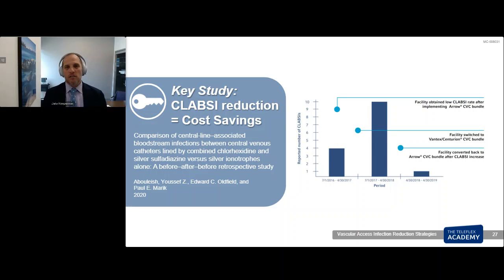Decreasing CLABSIs not only helps our patients, keeps them healthier, and decreases their hospital length of stay and their morbidity or mortality, but it also leads to cost savings.